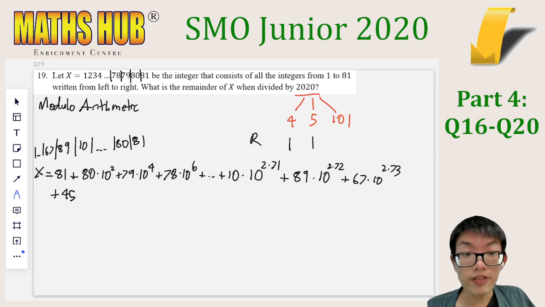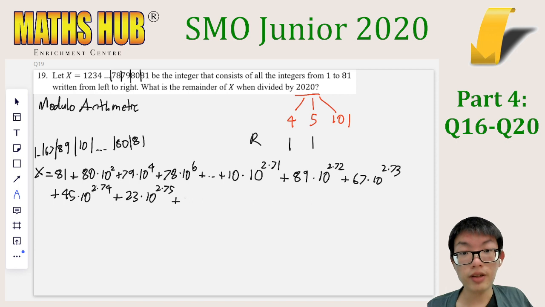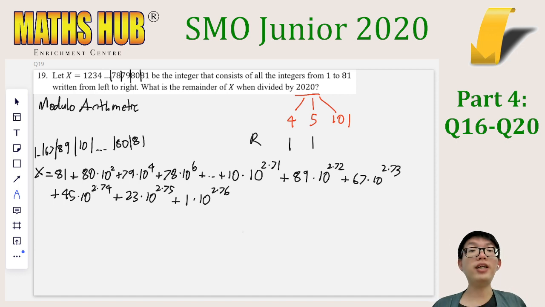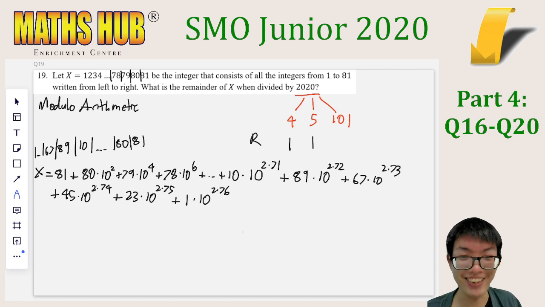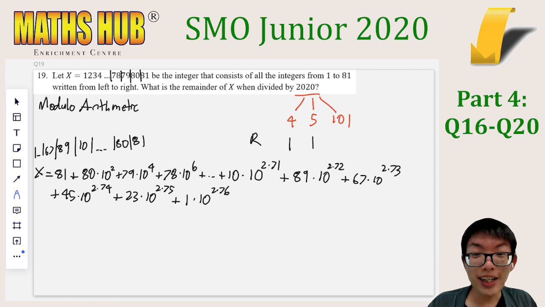Plus 45 times 10 to the 2 times 74. Plus 23 times 10 to the 2 times 75. Plus 1 times 10 to the 2 times 76. And we can take a huge breath of relief. That sounded wrong. I think we mean breathe a huge sigh of relief. But really, all of these numbers, I have not multiplied them because they don't actually matter that much.